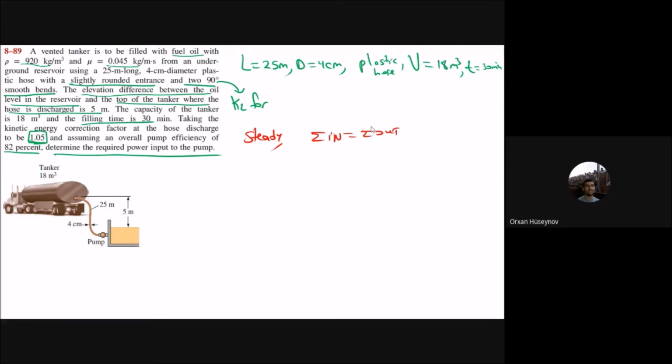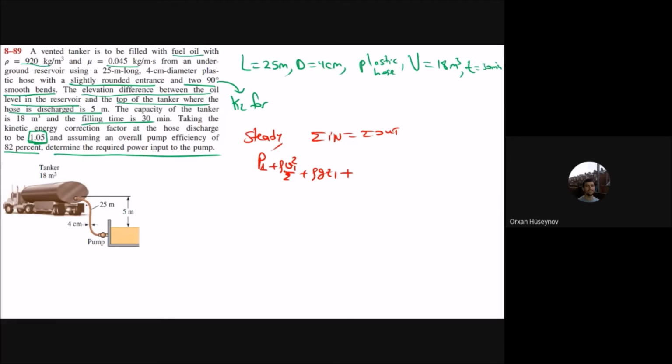And then I can write the equation with the mass flow rate, or you can divide all of the terms by the mass flow rate. You can write this as P1 plus rho V1 squared by 2 plus rho g Z1, plus the pump.